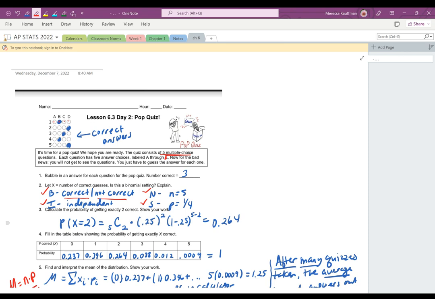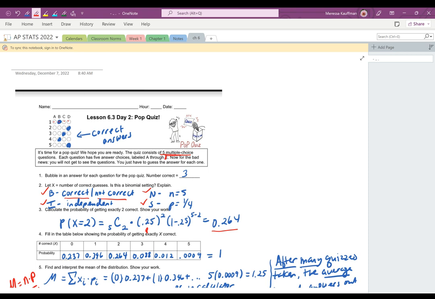So 5, of course, is your total number. 2 is how many you got correct, and that C again stands for combinations. Times, remember this is our probability, raised to the 2, which stands for how many we got correct. And then we have 1 minus our probability, raised to 5, which is our total number of questions, minus 2, which is how many we got correct. So that gives us a number of 0.264 or approximately 26%.